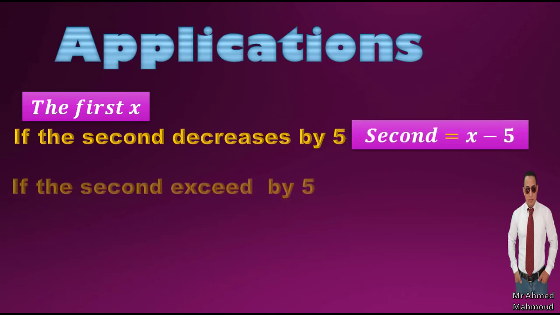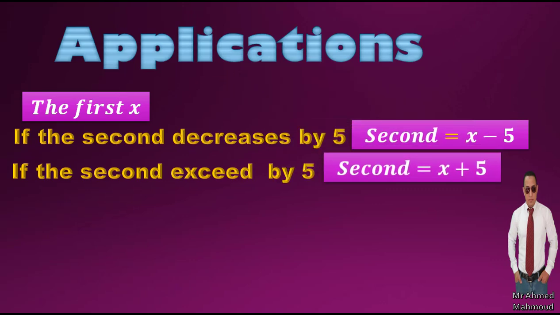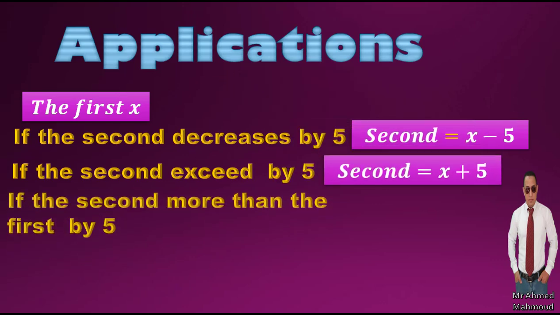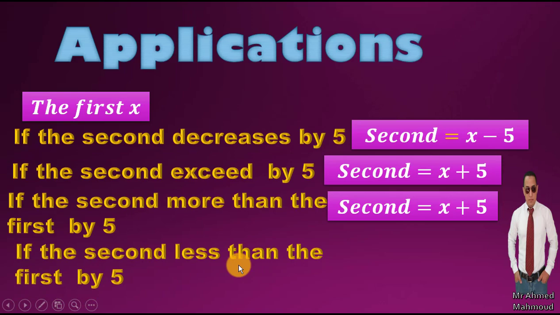And if the second number exceeds by 5, so exceed means increase or more than. So the second is x plus 5. If the second is more than by 5, so the second is x plus 5 also, because more than equals exceed. Okay, if the second is less than by 5, less than means decrease, so the second is also x minus 5.